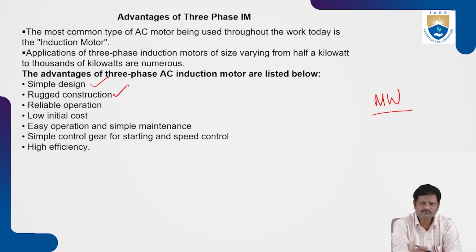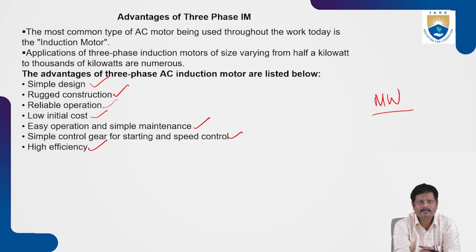The operation is also very reliable, the cost is very low, operation is easy, and maintenance is simple. It has simple control gear for starting and speed control. Various speed control methods are there, so we can control the speed, and it has high efficiency.